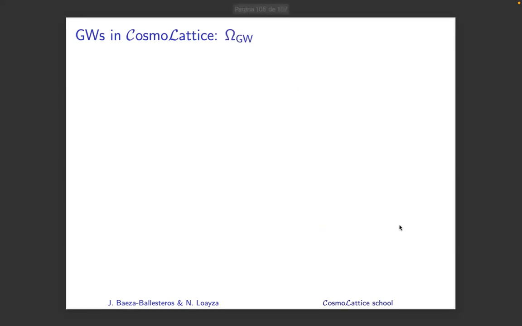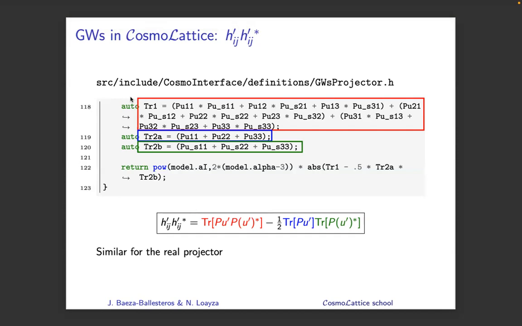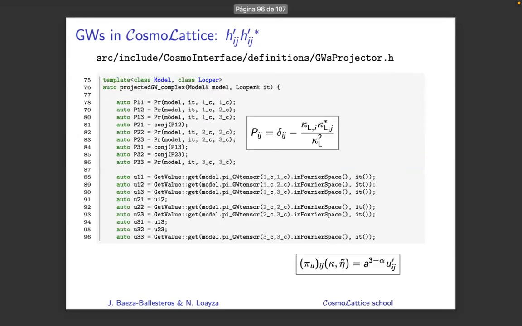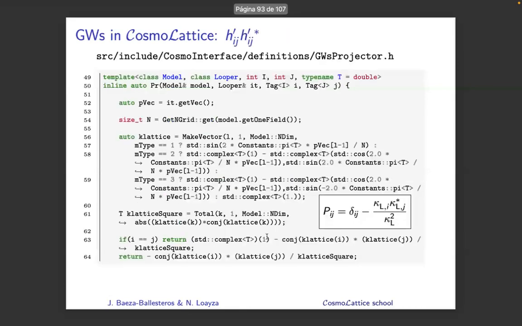There's a question, Nico, in the chat. Yes. So here, K lattice square is actually K lattice. Yeah, for the choice of the complex momentum, yes, the K lattice square that, for example, is being computed here. You can see in line 61, K lattice square is K lattice in one direction times the complex conjugate.